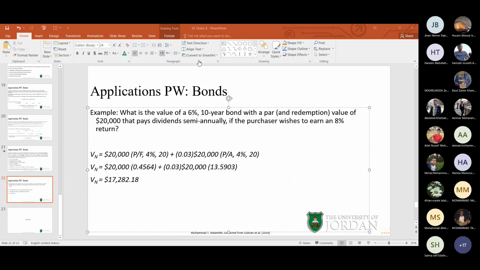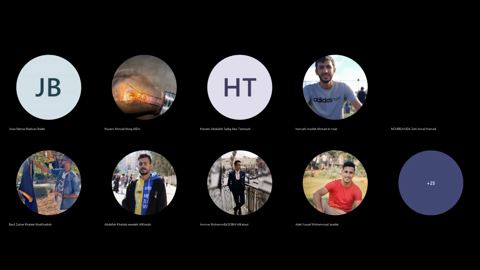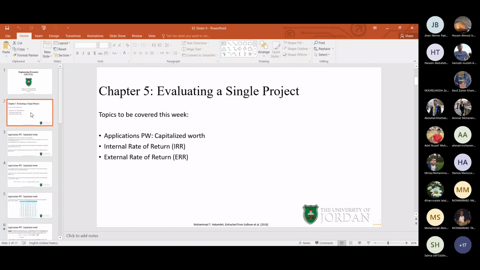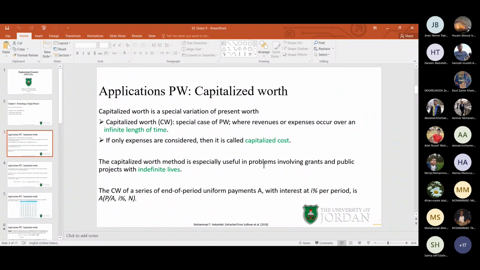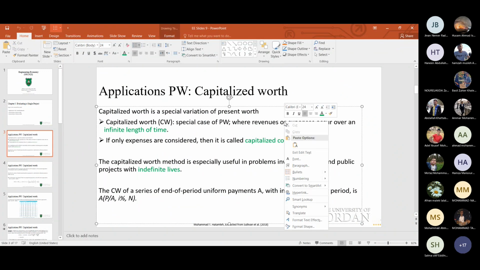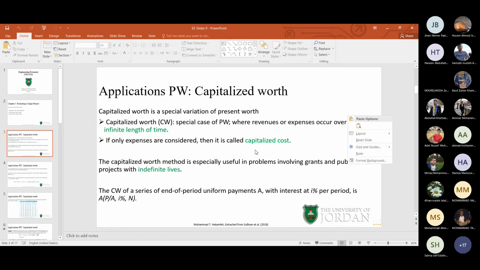Now, we are talking about the applications of the present worth. Since we're done with the bond, I'm going to stop sharing my screen and share slide number 9 to continue with some applications for the present worth. Now, the second application that actually works in real life for the present worth can be considered the capitalized worth, which is basically a special variation of the present worth.